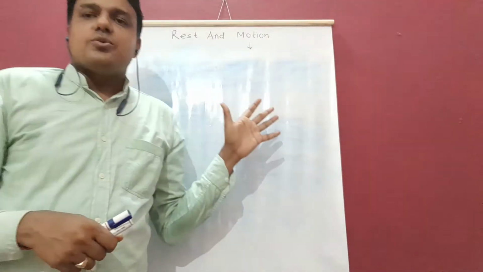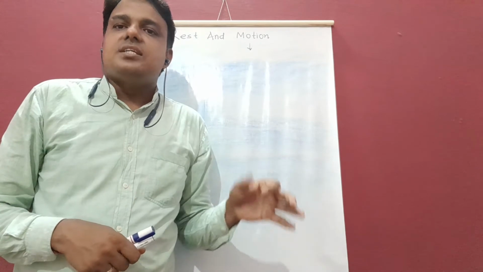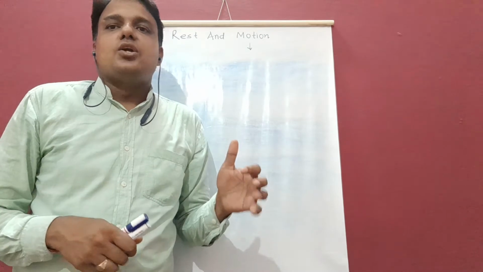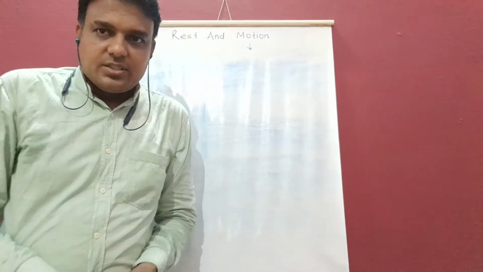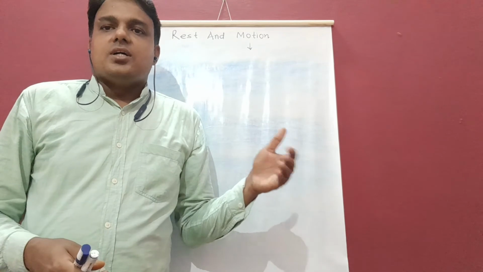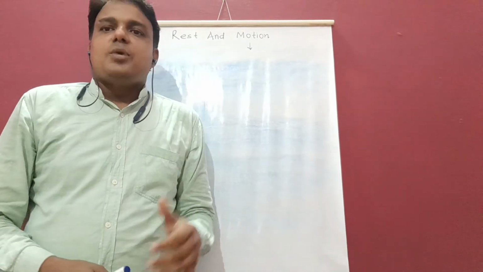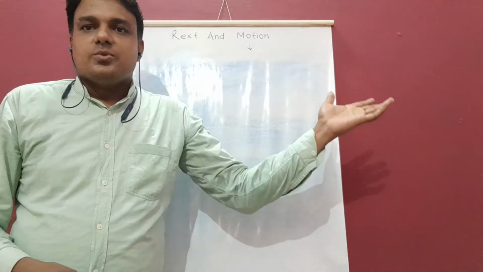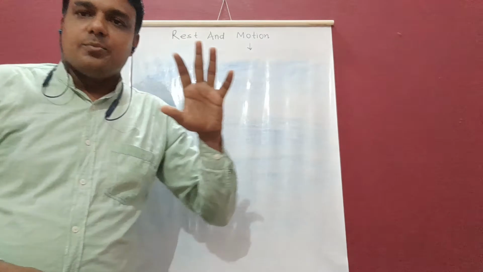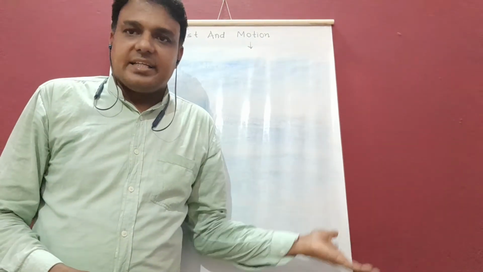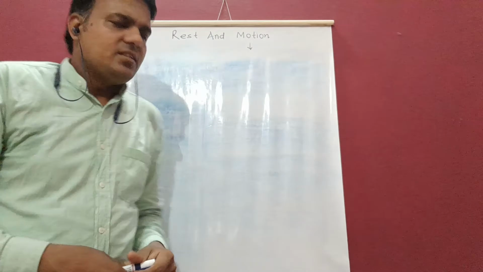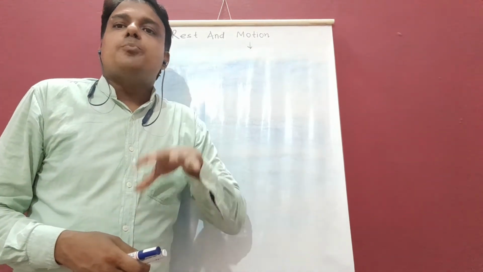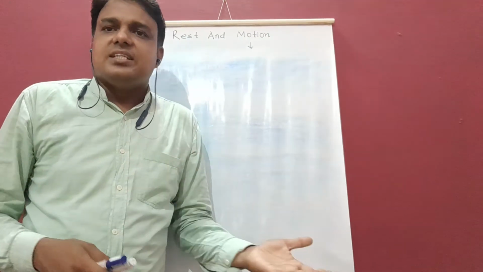The second one is motion. Motion is when an object changes its position with respect to time, then it is said that the object is in motion. If you move in your house from your room to the kitchen, from your room to the main door, or from your room to your school or college, that is known as motion, because your position is continuously changing with respect to time.